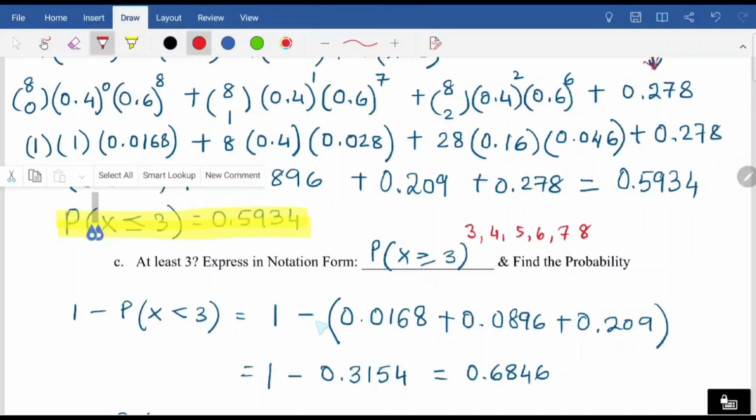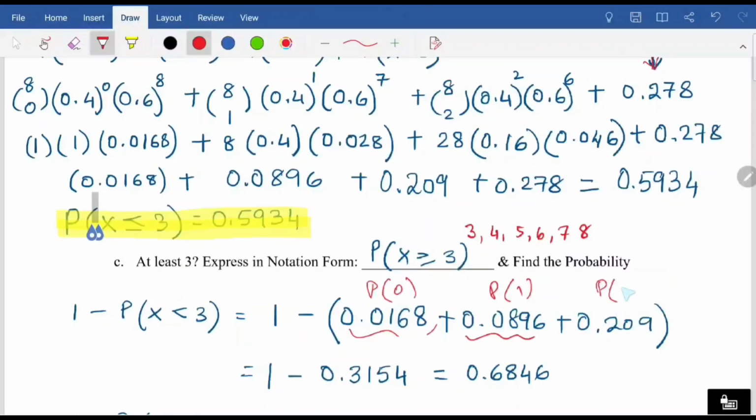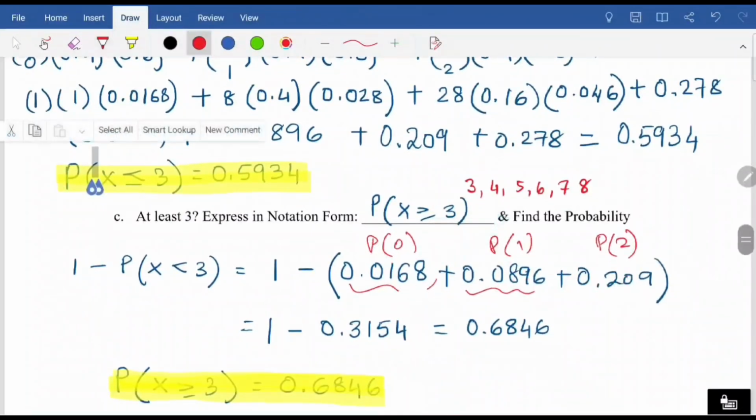So 1 minus, I just brought my probability of x equals 0 is 0.0168. For 1, this is for the probability of 1, probability of 0, probability of 2. I sum them up and subtracted from 1. This is so much faster than finding the probability of 4, probability of 5, probability of 6, probability of 7, probability of 8.